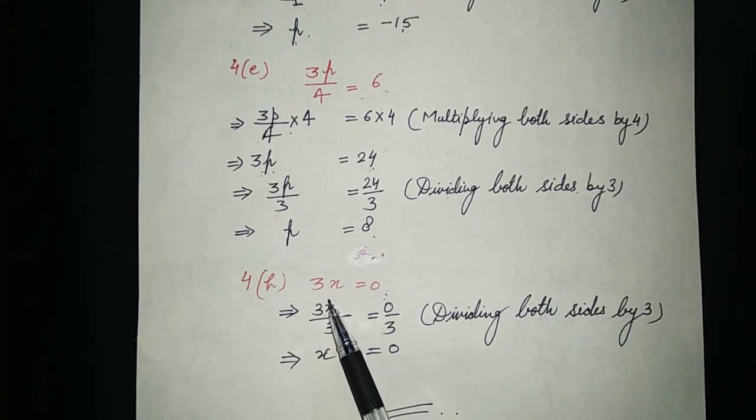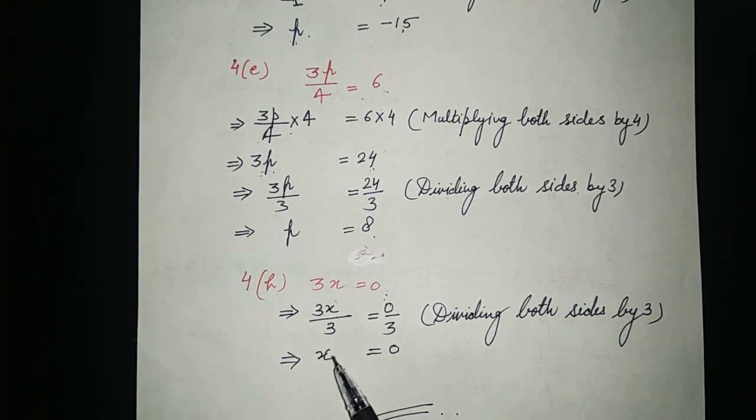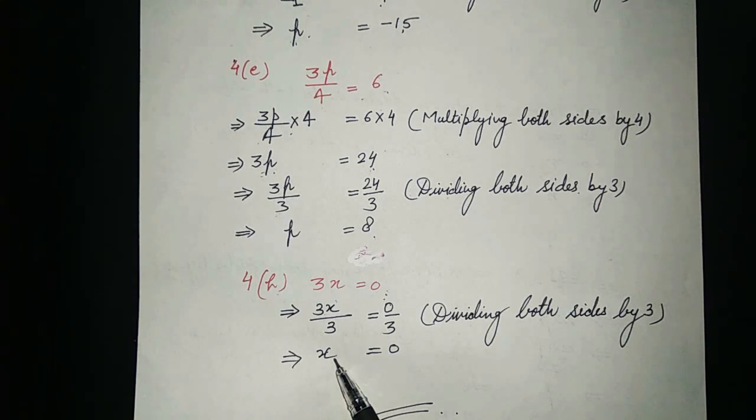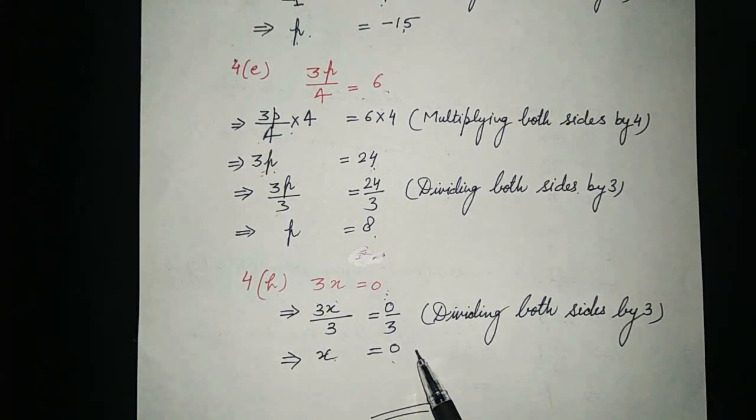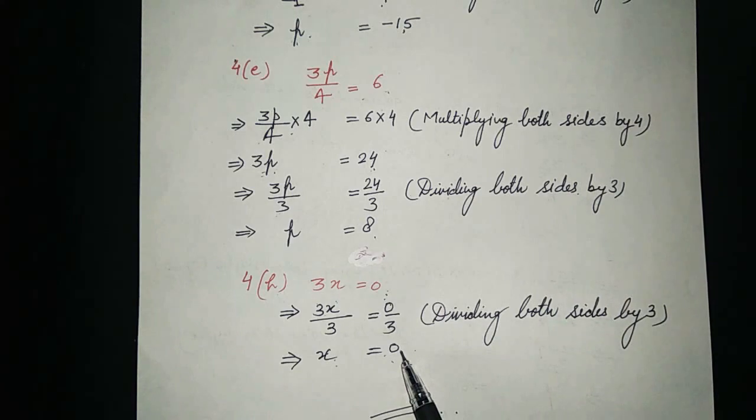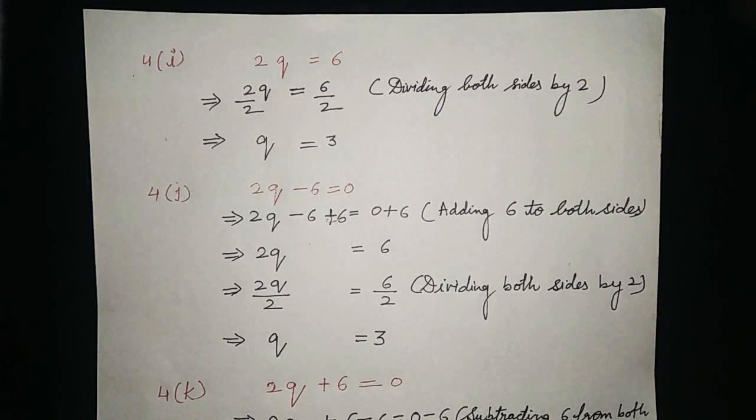Now 3 1 ja 3, 3 1 ja 3. What is coming here? Only x. And if you divide 0 by 3, then what will come? 0. So x is equals to 0 will come in answer.